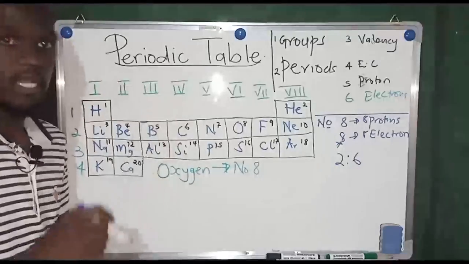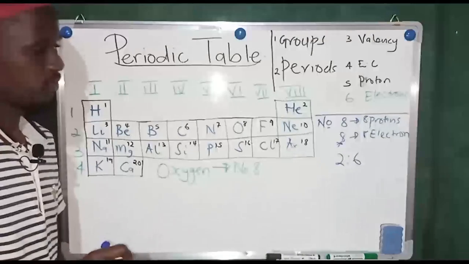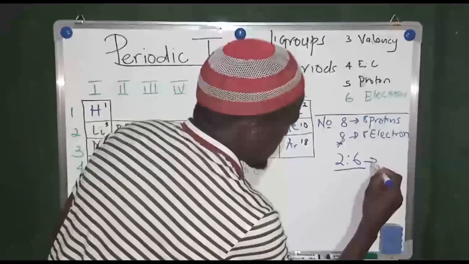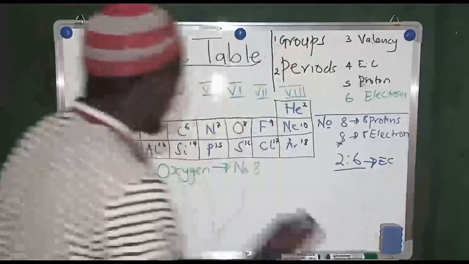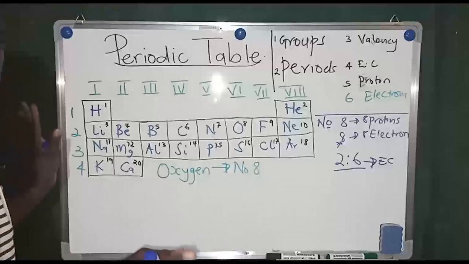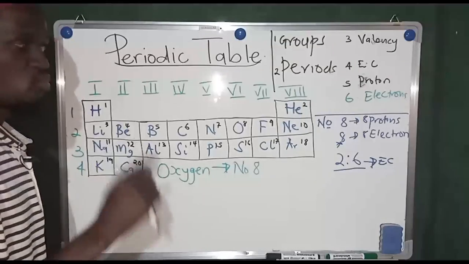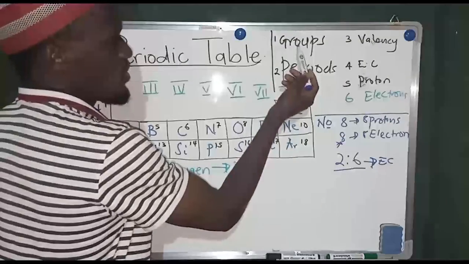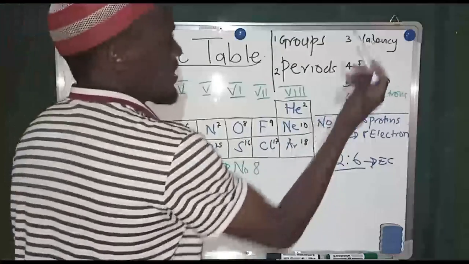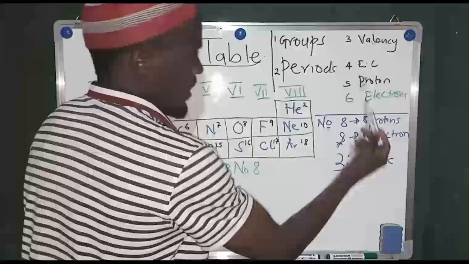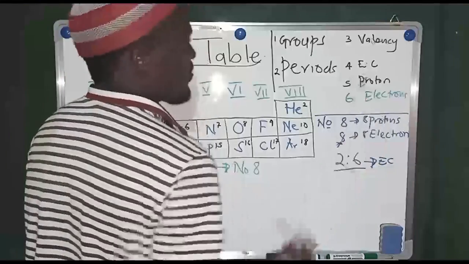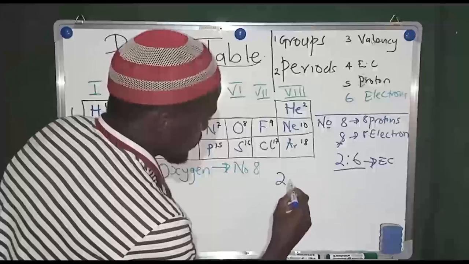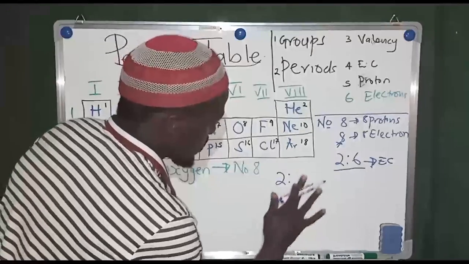You can recall in the first video. Now, after knowing the EC, the electronic configuration of any of these elements you have picked, you are able to know the period, the group, the valence, and the electrons and number of protons. How? We have 2.6.